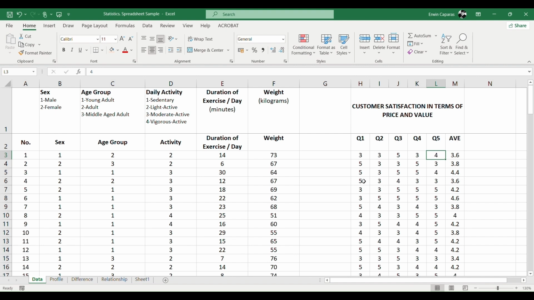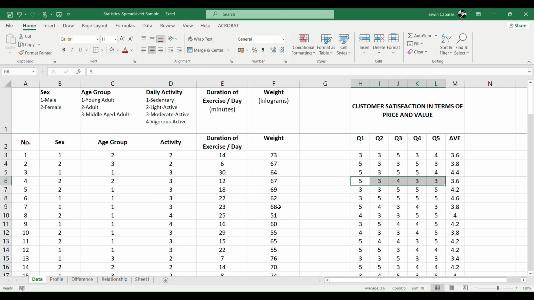So the question is, what do we present when it comes to descriptive statistics? It is only the average. We don't need the raw data to be presented in chapter 4. What we need is the average. So we get the responses of our, let's say, consumers, and then we tally them in one spreadsheet so that we can make it ready for data analysis.